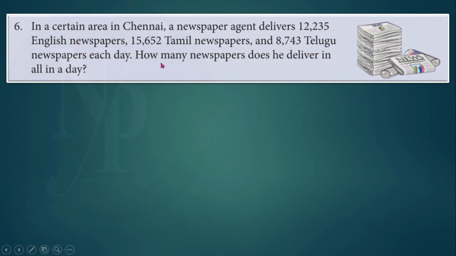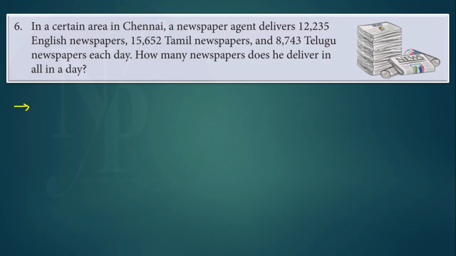We have to find the total number of newspapers delivered by that newspaper agent. Again, to find the total, we need to add the newspapers delivered in each language each day. So again, to find the solution, we will add those numbers.